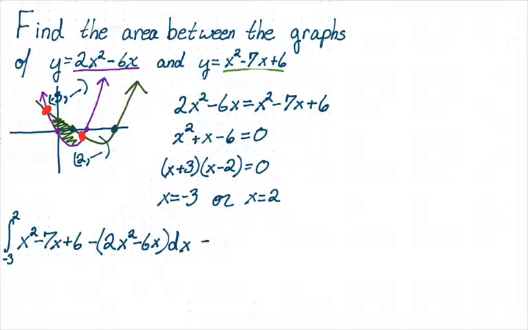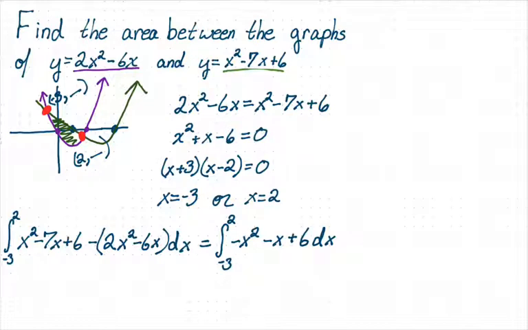I'll go ahead and simplify this before I integrate it. Negative x squared minus x plus 6. Like so. Just combined like terms, distributed that minus throughout and stuff.